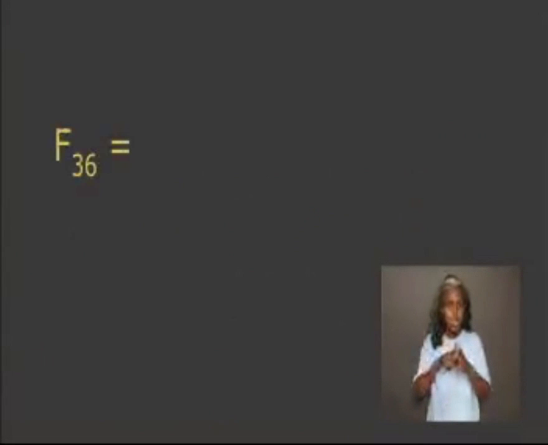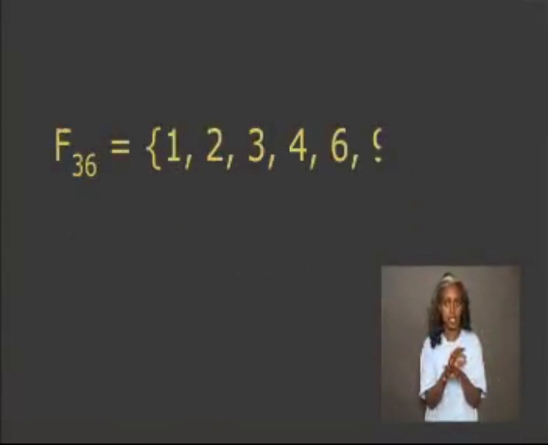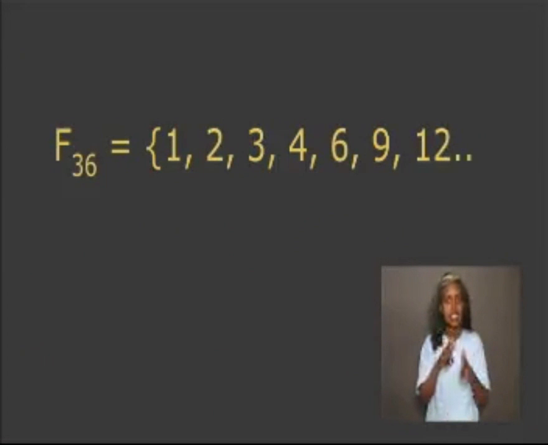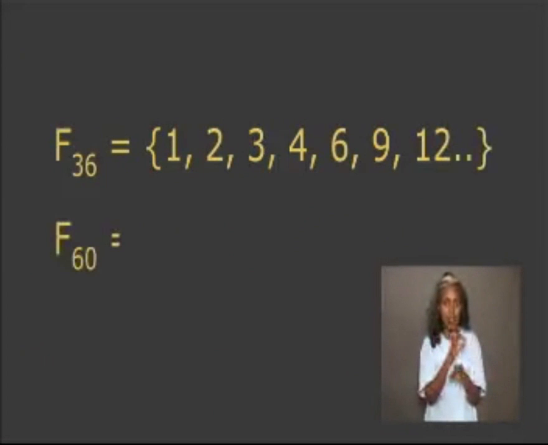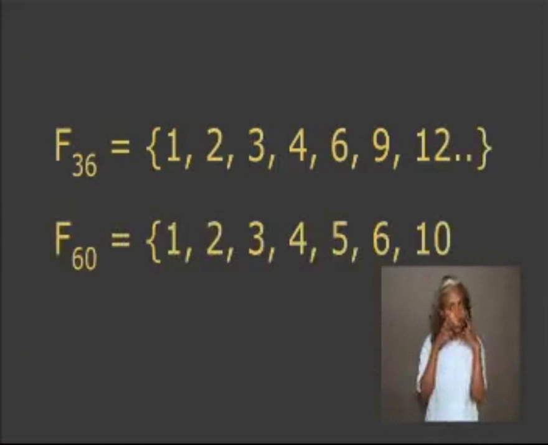Because large numbers can have many factors, a quick way to find the greatest common factor is to use the prime factorization method. Let us look at an example.